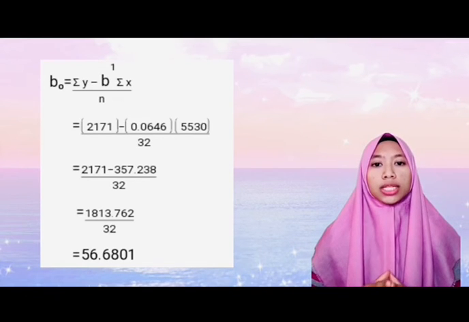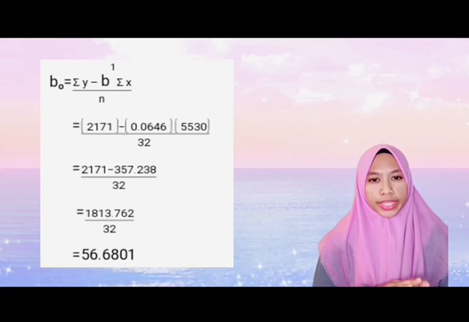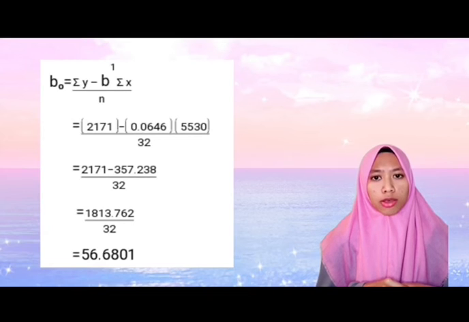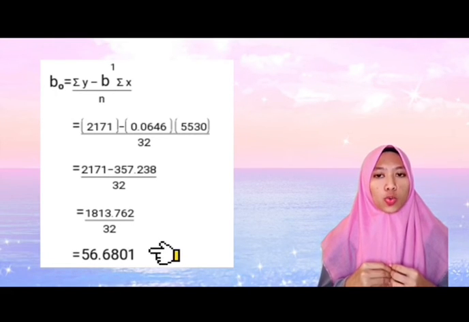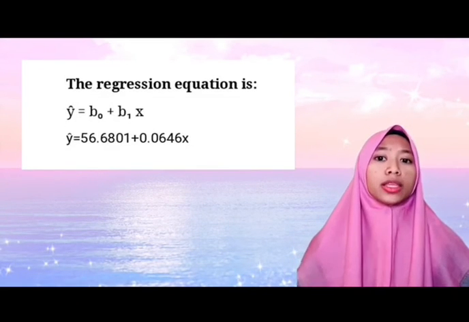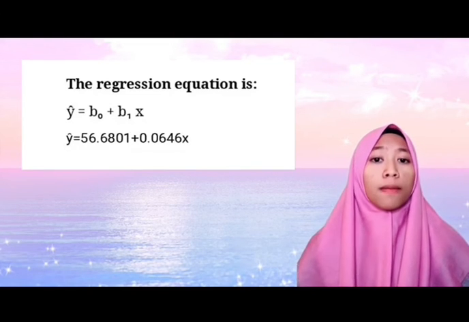This is a very short form and really easy to calculate. The final value of B0 I get based on this calculation is 56.6801. So at the end, we will have y hat equals 56.6801 plus 0.0646x.